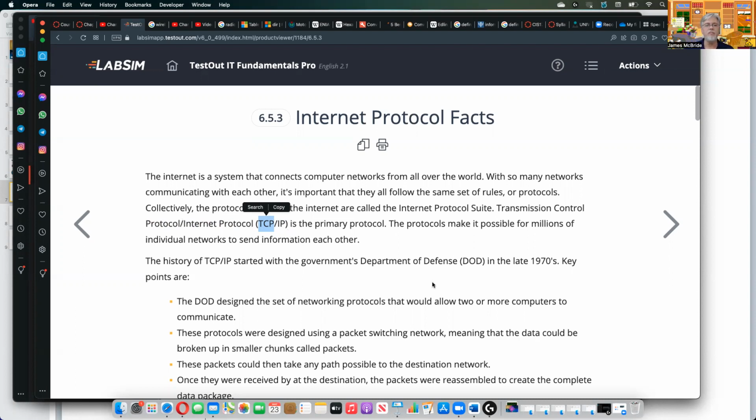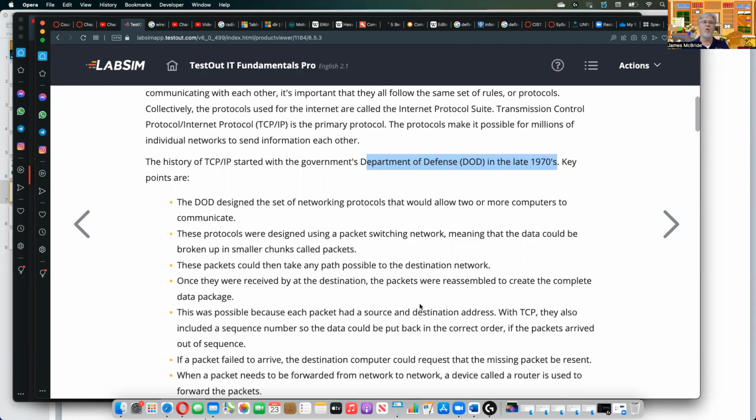through it. So the Department of Defense is actually the one that designed it, and the whole idea, if you look at the date, was to have communications occur even though a nuclear war may have happened and you lost some communications someplace.